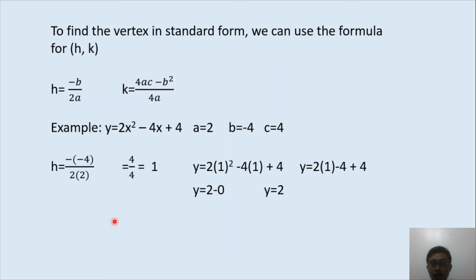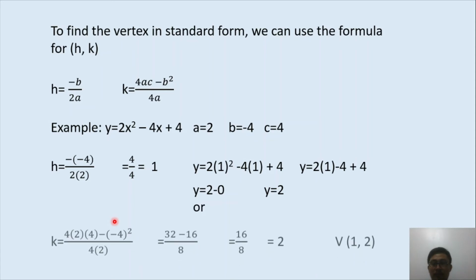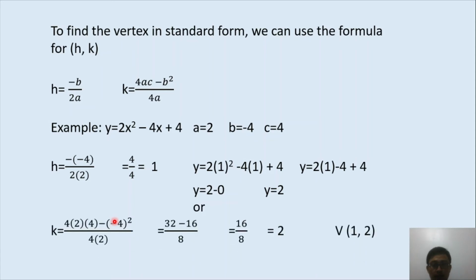Or kung gagamitin natin yung pinaka-formula sa k, meron naman, pwede naman. Ito siya. Para lang ma-prove natin na parehas 2 yung lalabas. So, that is 4ac minus b squared over 4a. So, 4 times 2 times 4, 32 minus negative 4 squared is 16 over 8. So, 32 minus 16 is 16 divided by 8, that is 2.